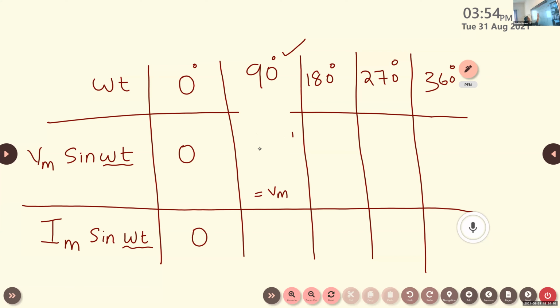So if the phase angle is 90 degree, the value of the alternating source of EMF is equal to Vm. Similarly, in the case of current, what about the value of current if the phase angle omega t is equal to 90 degree?